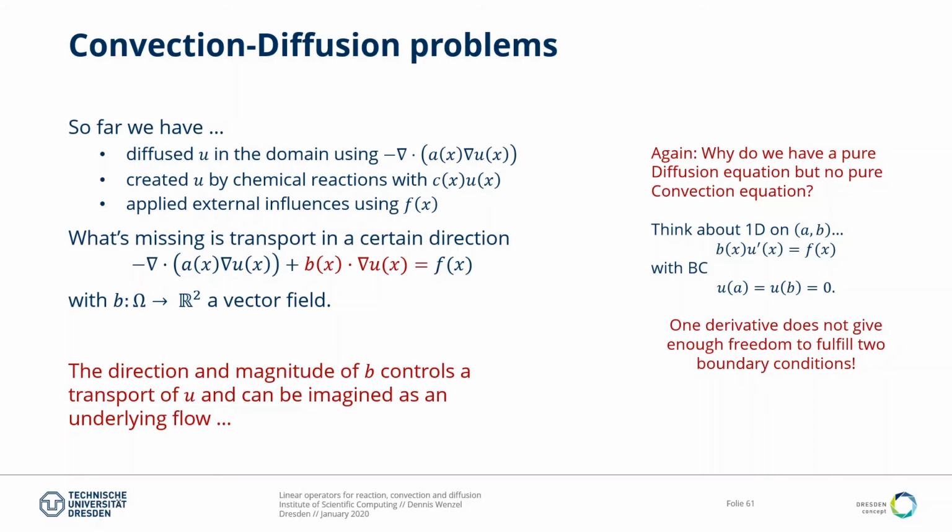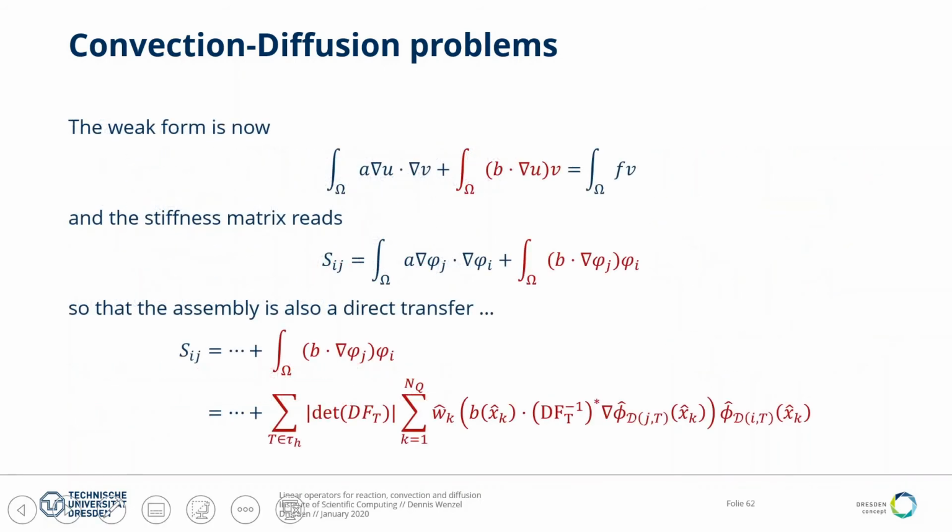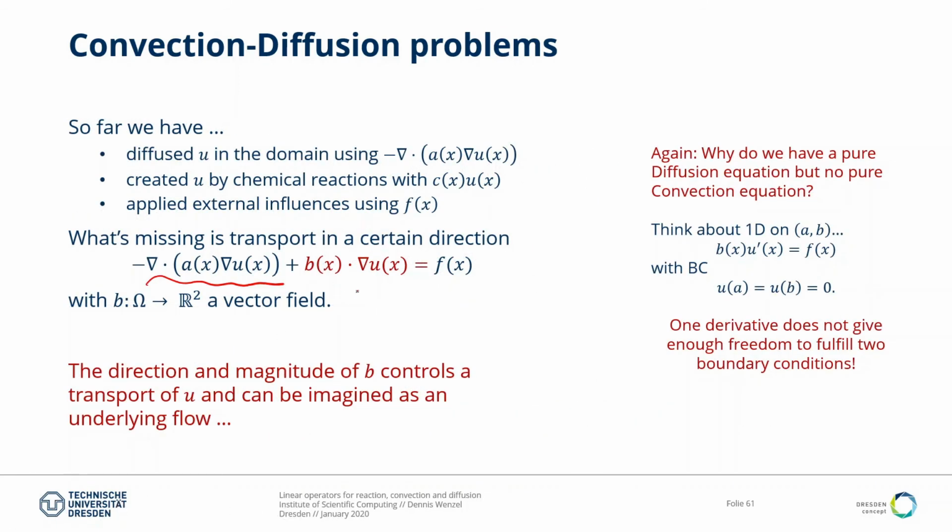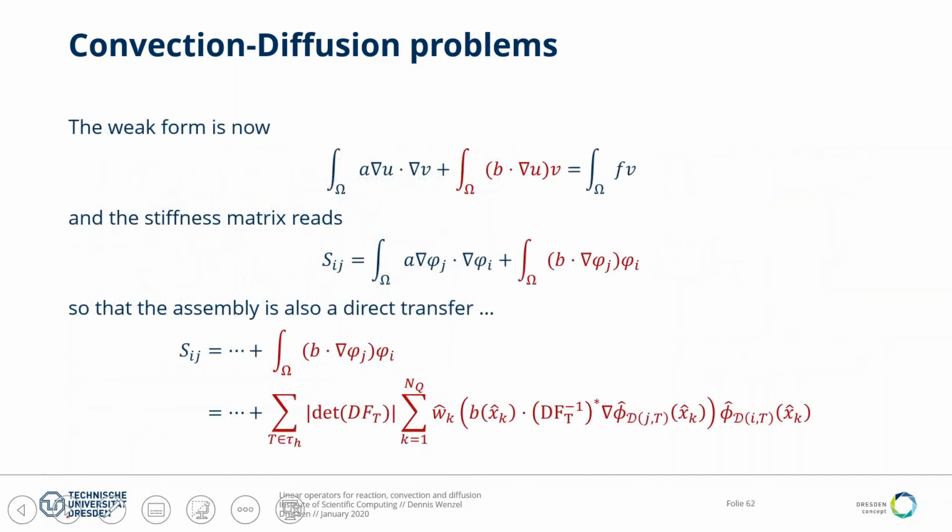So that just doesn't work. So we always need this diffusion term here. And then we can add first order or zero order terms as we like. Now here the weak form is also pretty trivial. You just take your equation, b times gradient of u that you can see here, and then you multiply this with a test function v.